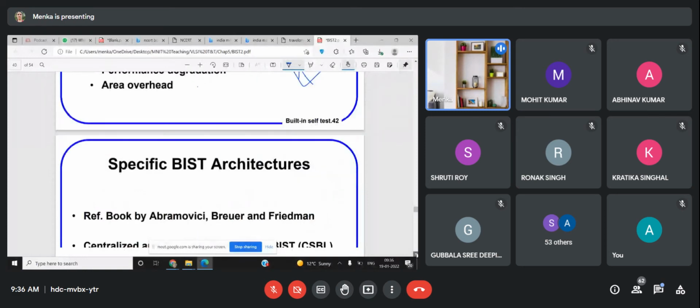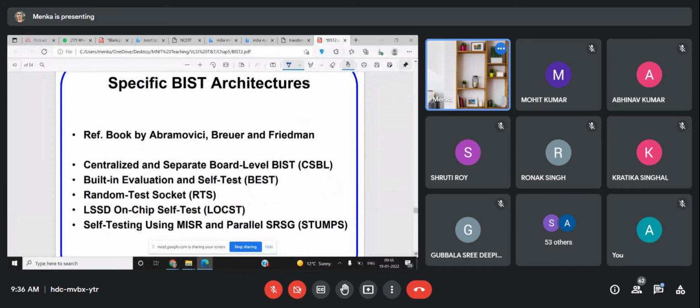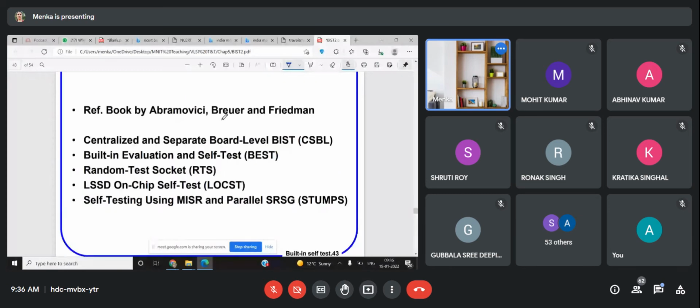So these are the references. This is the book I told you, and these are other specific BIST architectures.